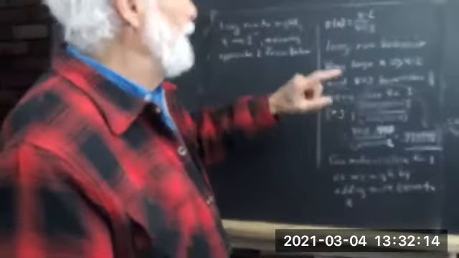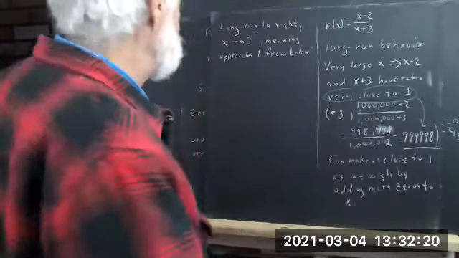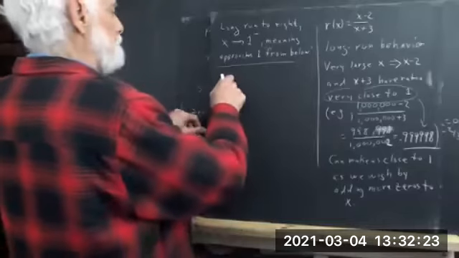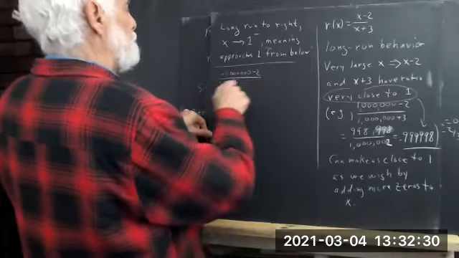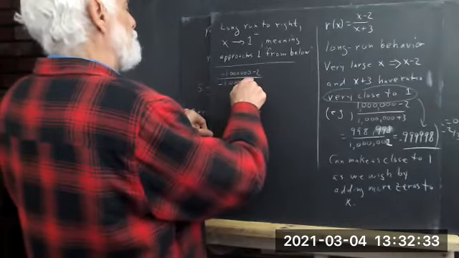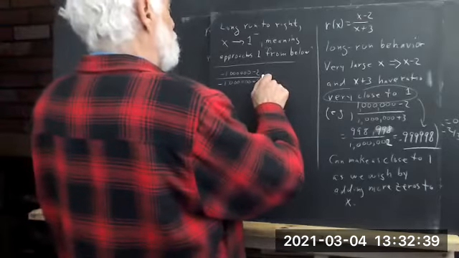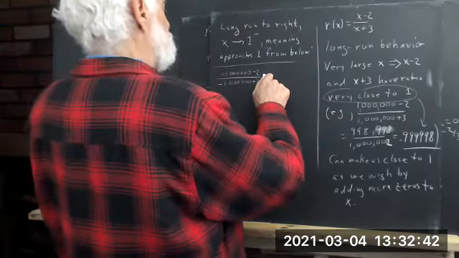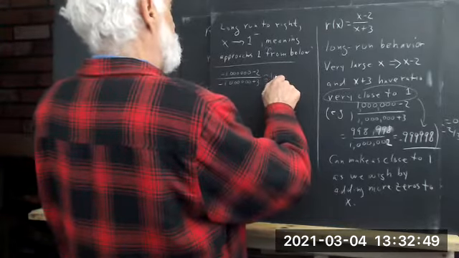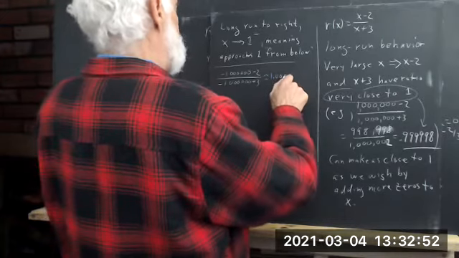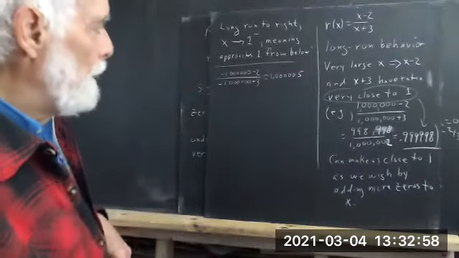Now, if we wanted to do negative 1 million minus 2 over negative 1 million plus 3, that's going to be very close to 1.000005.